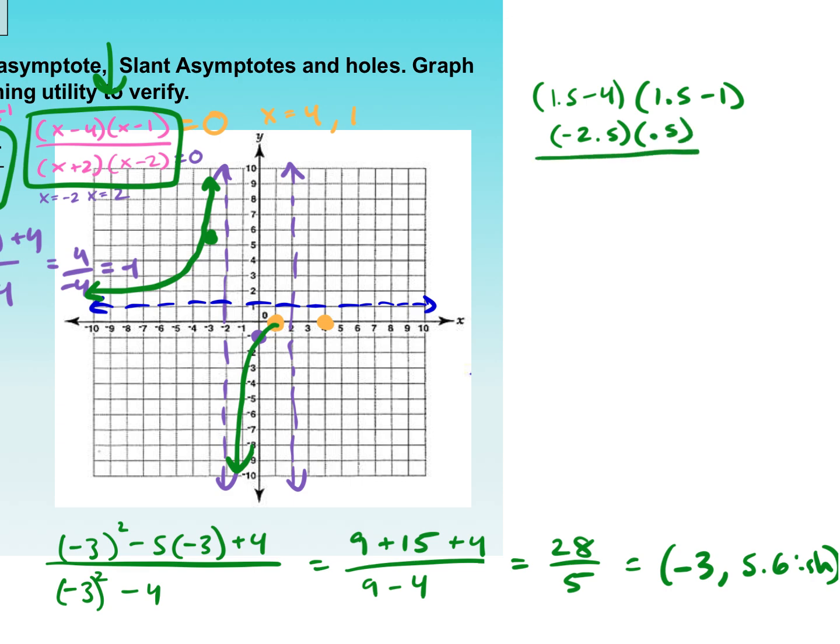over 1.5 plus 2 and 1.5 minus 2. I did not leave myself much room here to work, but I'll do it down here. So 1.5 plus 2 would be 3.5. 1.5 minus 2 would be negative 0.5.